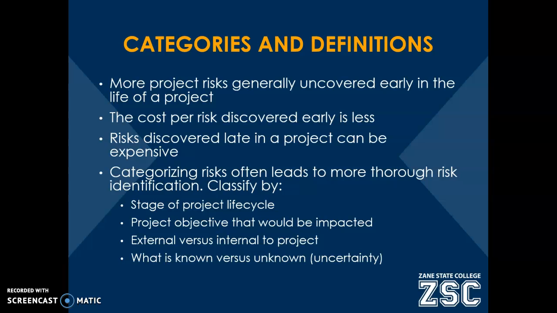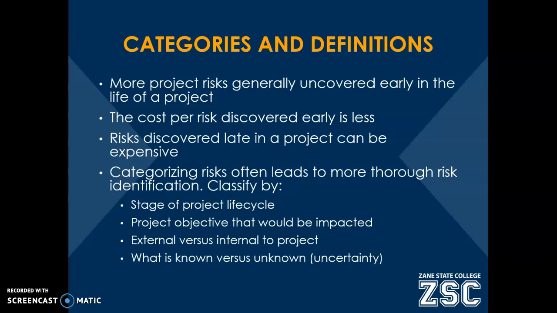So there are multiple ways you can do this. You can organize them by the stage of the project lifecycle. So there are certain risks that may occur early in the design phase, or in the planning phase, or in the execution phase. So those are different ways you can group them by when they occur throughout the project.